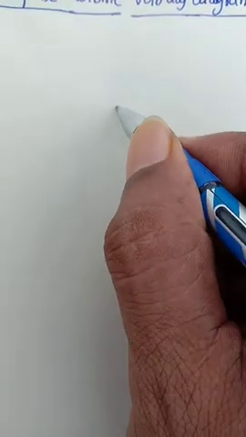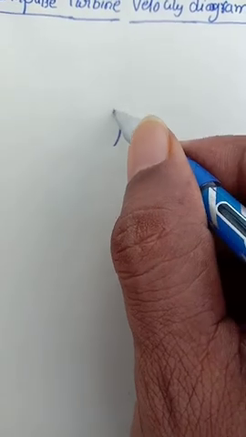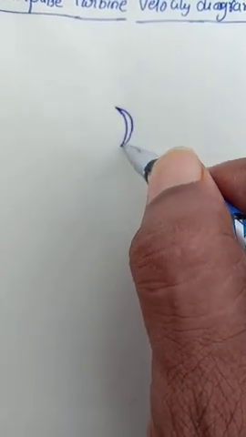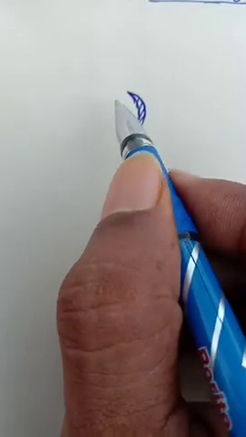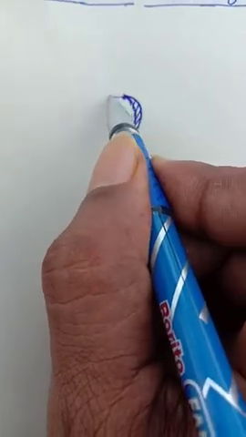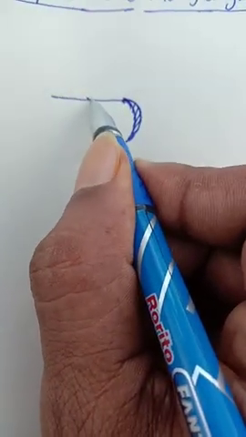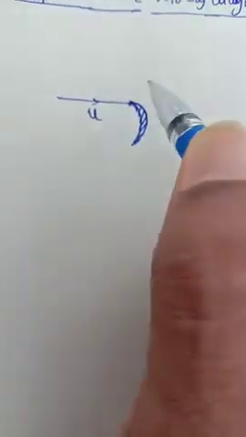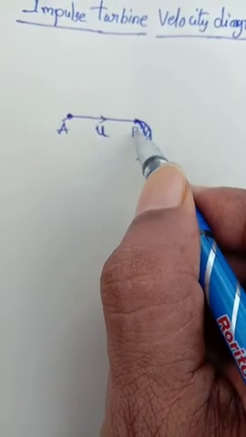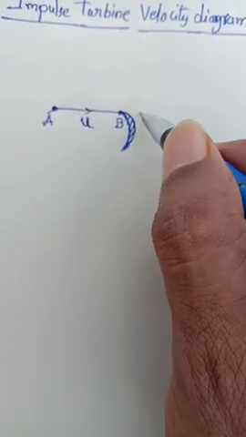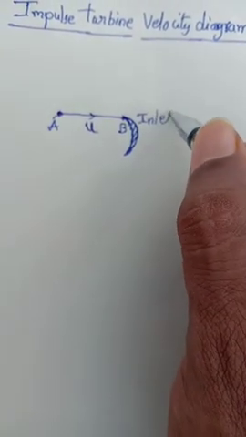I consider one vane or blade. Okay, now I consider one vane or blade. This is for blade velocity A to B. Okay, now here I put inlet.